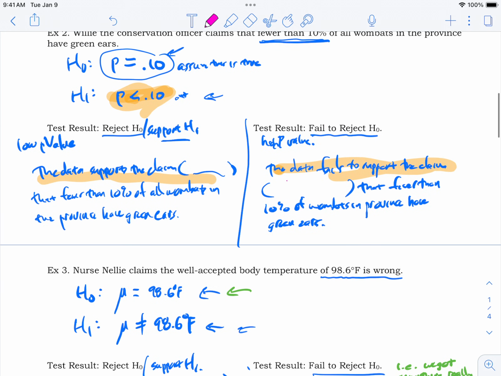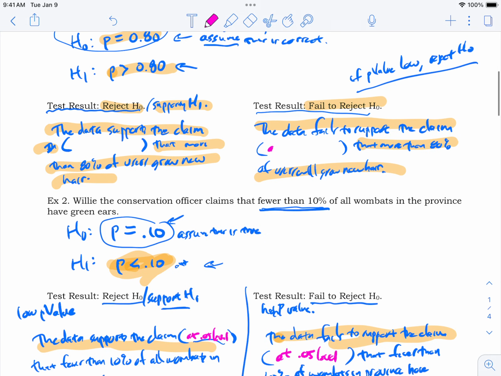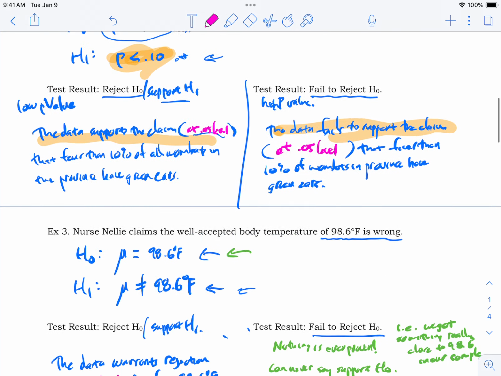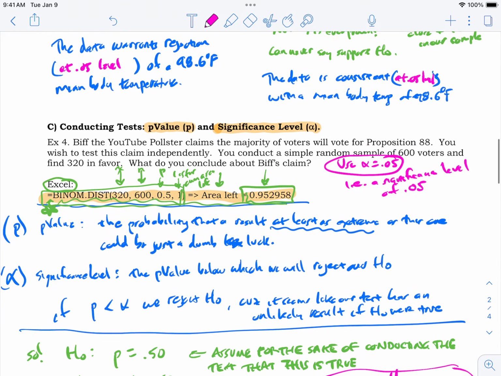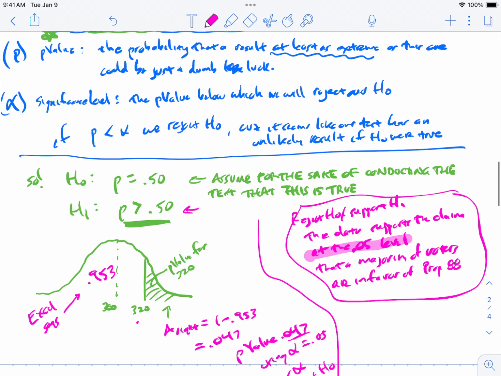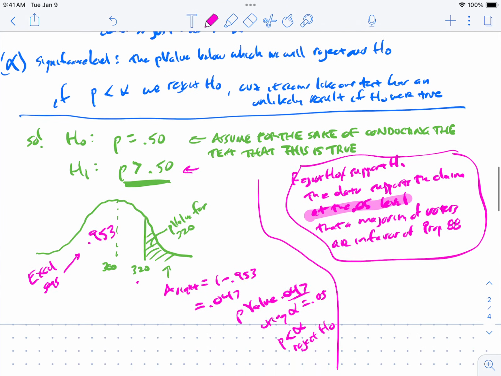At 0.05 level. That's actually a very important thing to put into these statements, and so that's why I'm putting them in now. I'm fixing my previous stuff. You should always say what significance level you're using, because if you're using a 0.05, they might not be as impressed as if you're using a 0.001, then they have to be impressed, right? That's impressive.